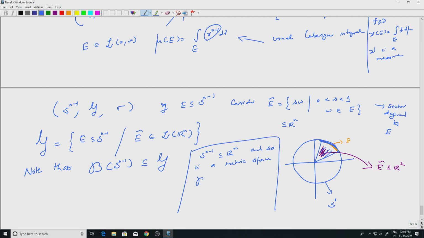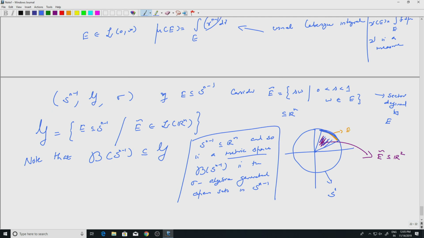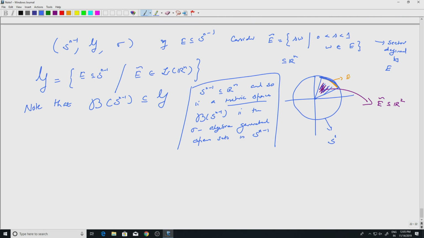So, B of S^{n-1} is the sigma algebra generated by open sets in S^{n-1}. Open makes sense because it is a metric space. So, you take any open set in S^{n-1}, that will be in the Borel sigma algebra, and generating the sigma algebra, you will get the Borel sigma algebra.